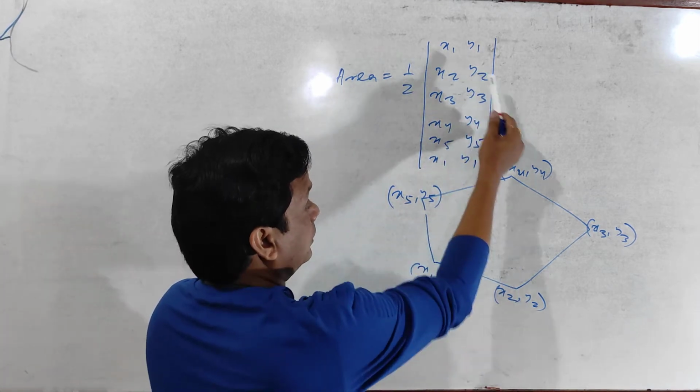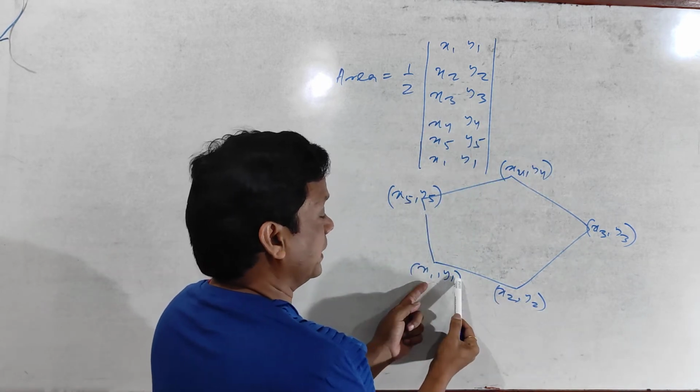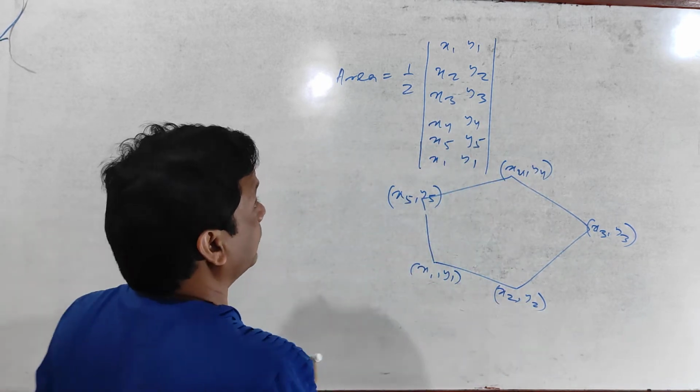Then x2 y2, then x3 y3, x4 y4, x5 y5, then come back to the initial x1 y1. So what is the formula here actually?